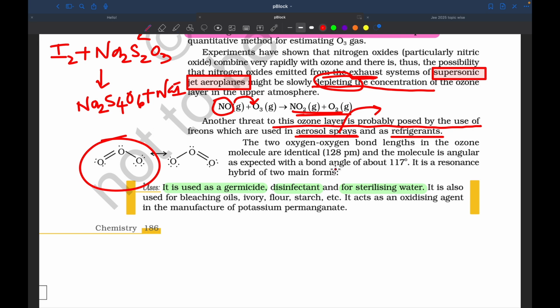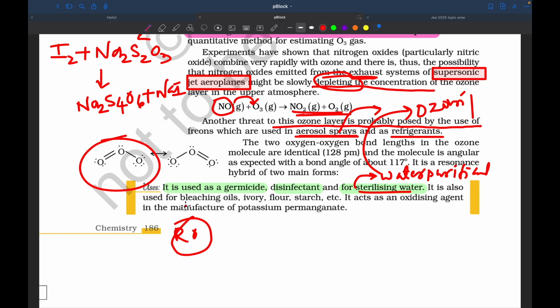So our water purifiers in the house, the water purification technique, sterilized water is prepared. This water is also called Ozonized water. We also call it the RO pump, right?